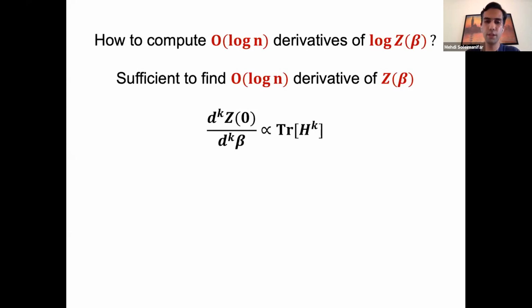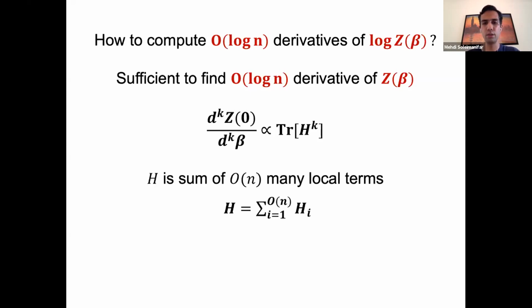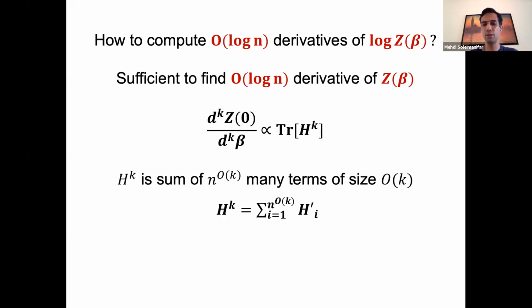And the kth derivative of the partition function at beta equals 0 is just the trace of the Hamiltonian to the kth power. So remember that the Hamiltonian was a sum of order n local matrices. So its kth power is also a sum of terms, but now there are n to the order k many terms, and these h prime i's act on order k many spins.